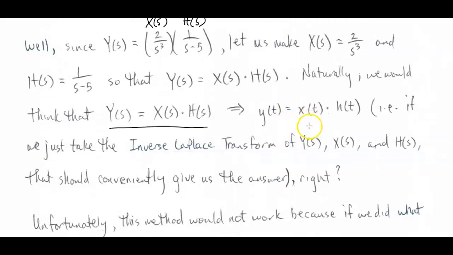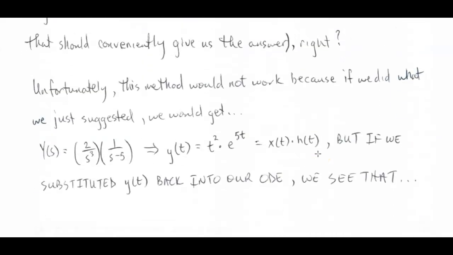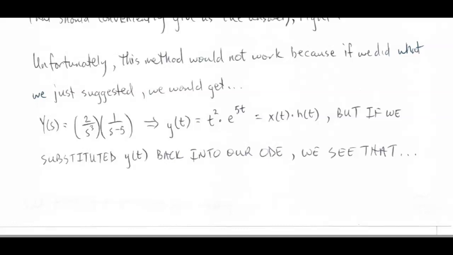And of course, that would be something that you would naturally think should work, right? And again, ignoring the fact that this is a Laplace transform, which is a form of integral transform, we just look at the symbols and say, yep, that makes a lot of sense. Unfortunately, though, that doesn't work that way. And the method would not work because if we did what we just suggested, we would get the following.